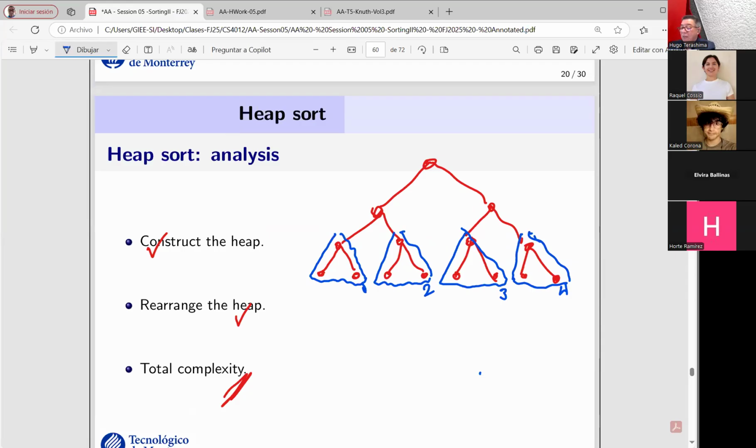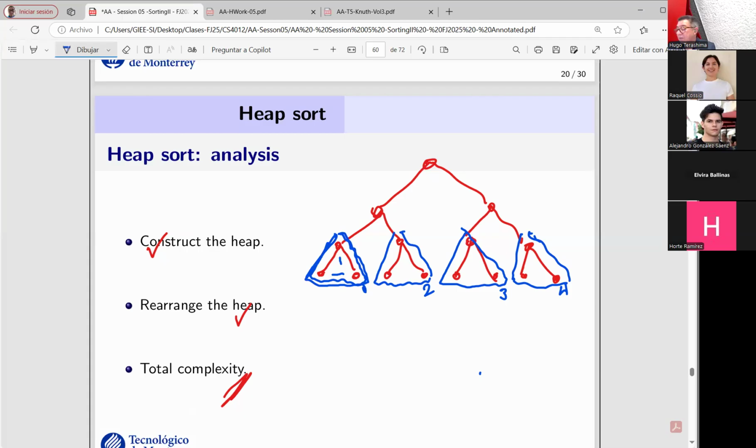What is the height of those trees? And the question is, what is the cost for constructing this small heap? One comparison here and one comparison there. And what is the height of the blue tree? 1. 1, yes.